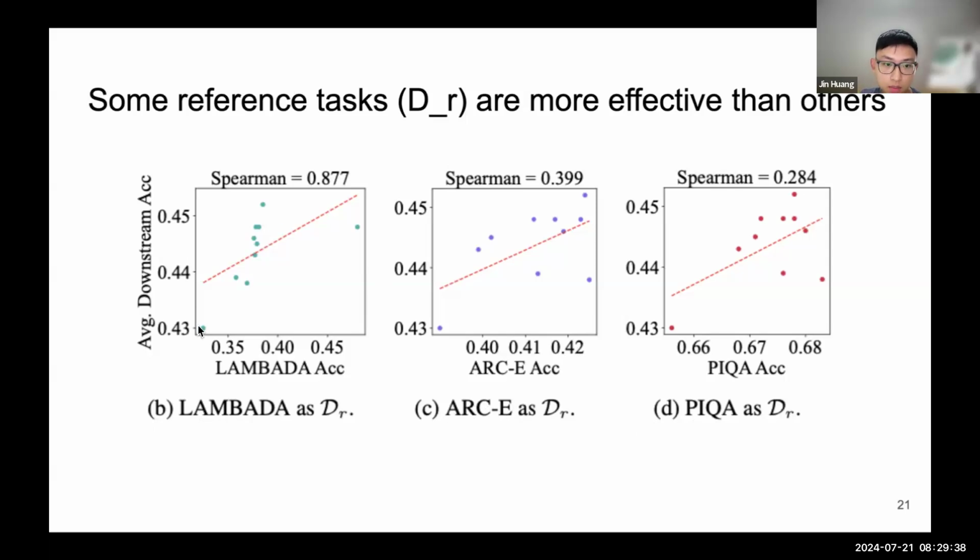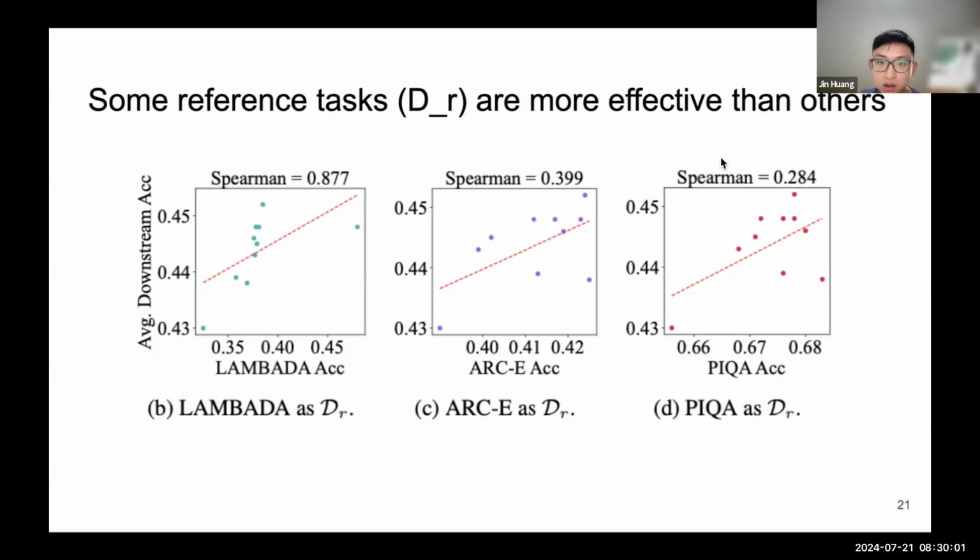The major takeaway is that if we calculate the correlation between the performance on these reference datasets and the average performance on all the downstream datasets, we find that this specific dataset is more correlated than the other two datasets.